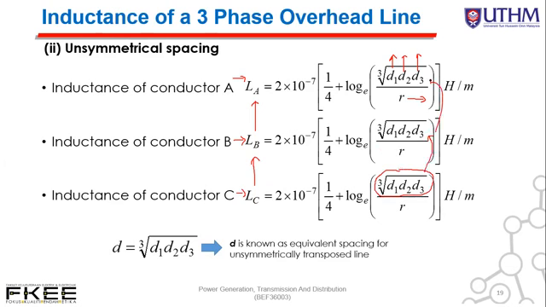The distance D equal to the cube root of D1 D2 D3 is known as the equivalent spacing for an unsymmetrical transposed line.